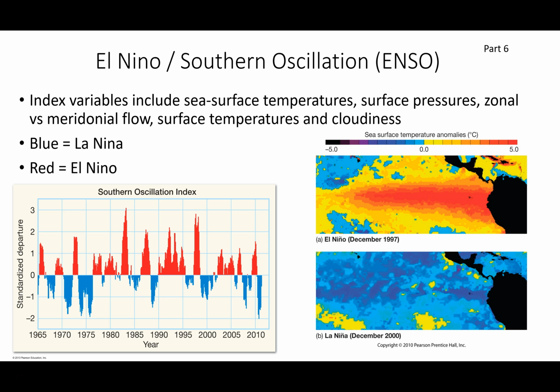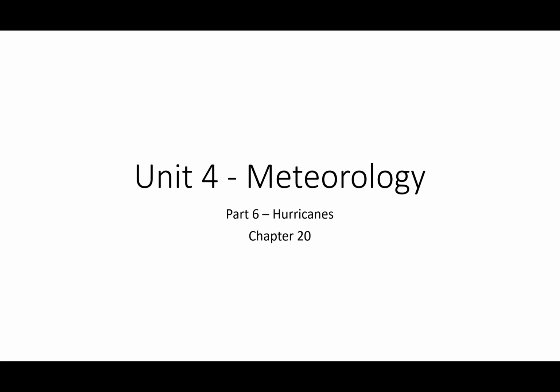That's why it's cool here. El Nino, we basically petered out our trade winds. We shut down our upwelling, and so it's nice and toasty. All right, so on to hurricanes. It looks like this.